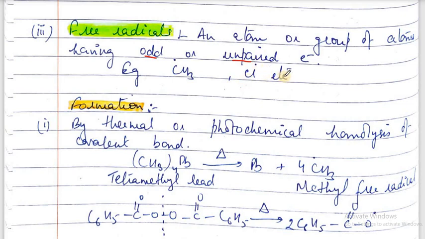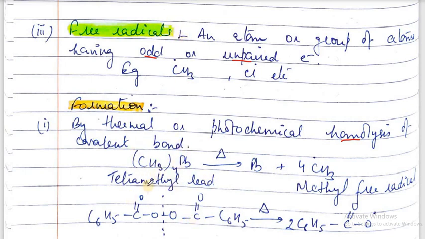These are free radicals. Now how are these formed? Free radicals are formed by thermal or photochemical homolysis of a covalent bond. As we already discussed earlier, homolysis leads to free radicals. For homolysis we generally require high temperature. So by thermal or photochemical homolysis of a covalent bond we get free radicals.